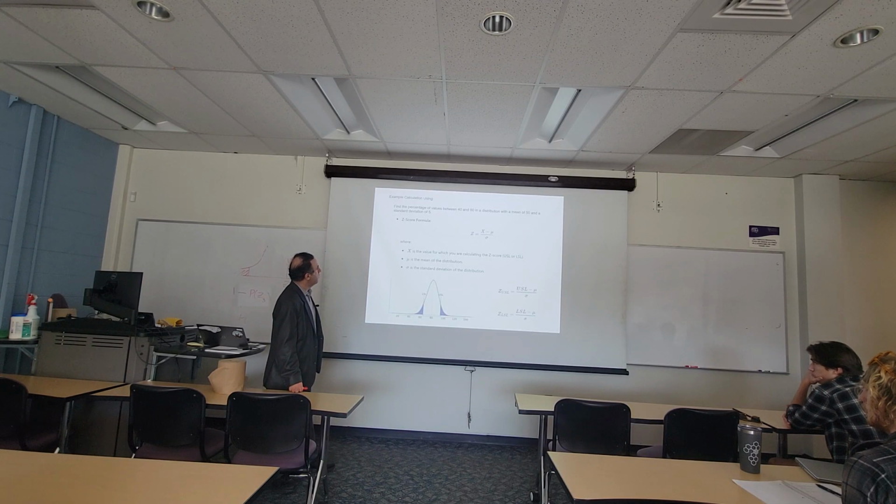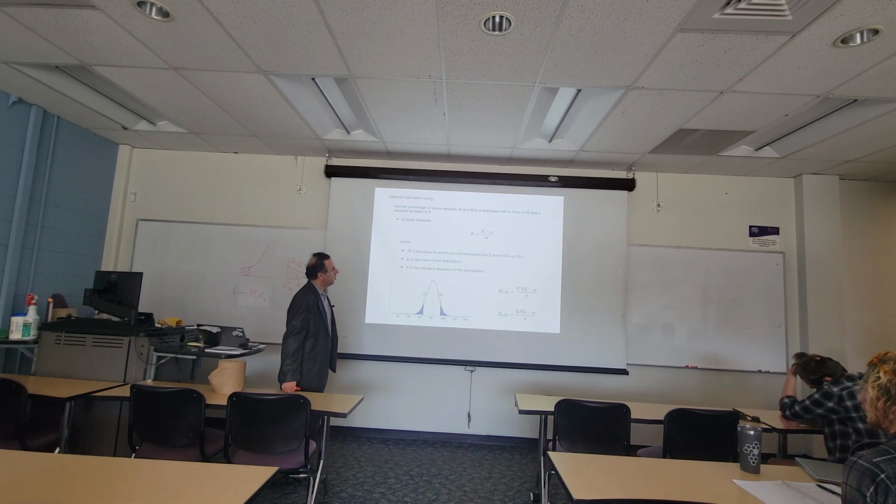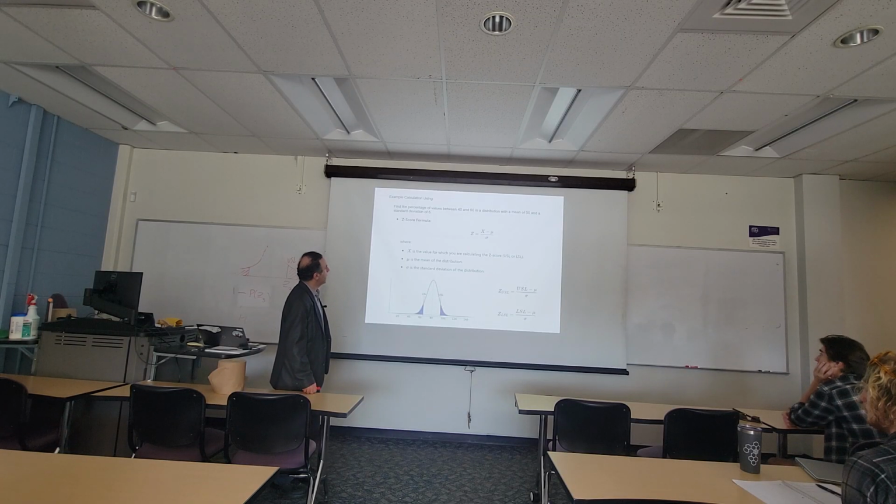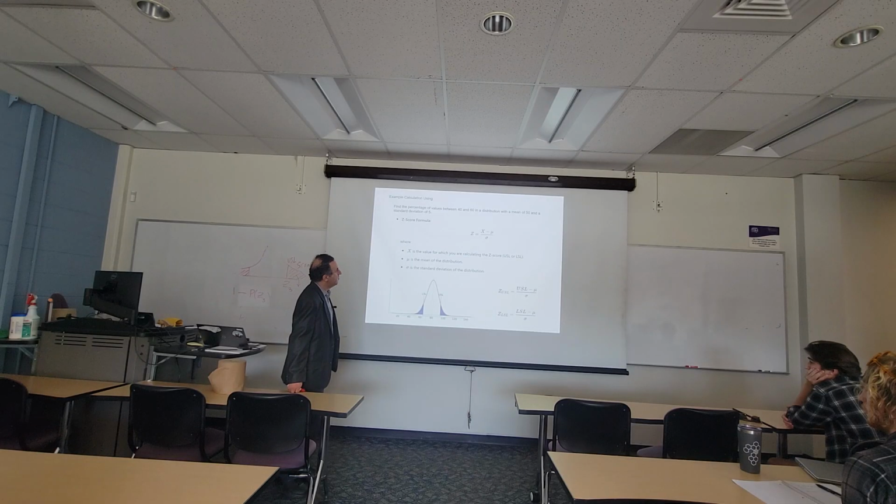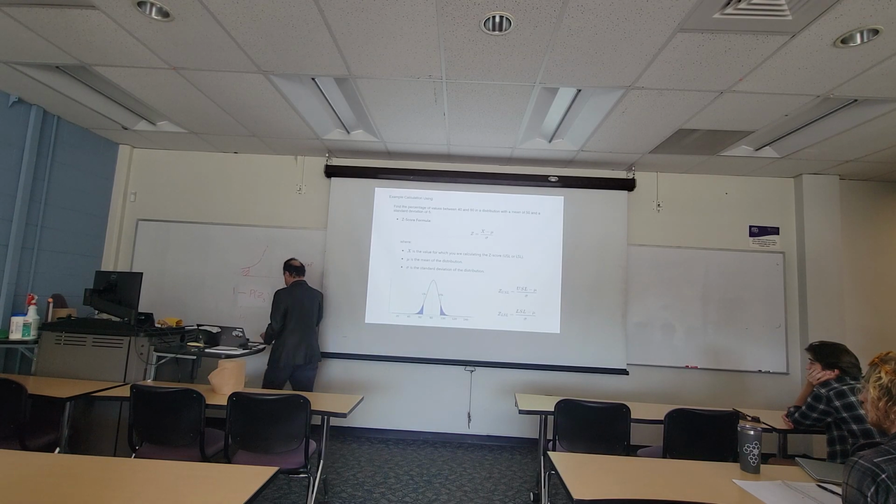Let's say we want to find the percentage of values between 40 and 60 in a distribution that has an average of 50 and a standard deviation of 5. What is mu here? The mu, or average, is 50, correct? That was given up there.